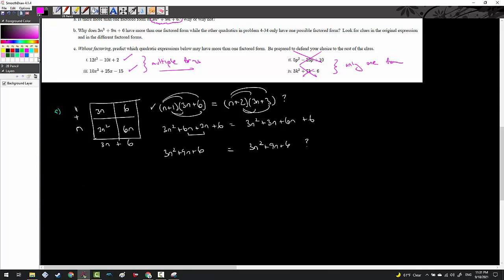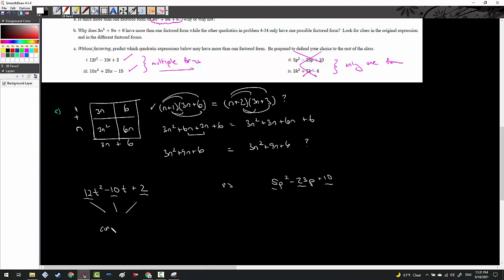Well, if you look at 12t squared minus 10t plus 2 versus something like 5p squared minus 23p plus 10, notice the terms, right? 12, 10, and 2. This is 5, 23, and 10.